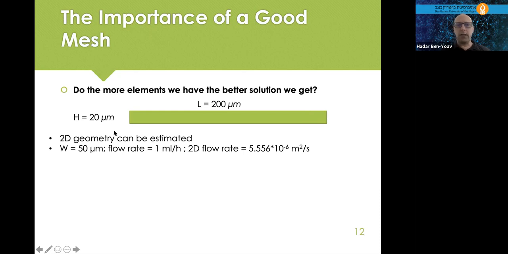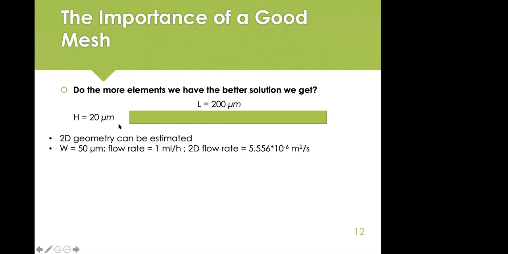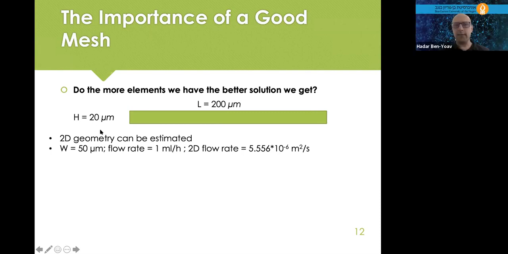Here we can estimate from theoretical calculation, first, we can reduce the dimensions of the theory from a 3D channel to 2D geometry, because for us it doesn't really matter what the width is. It's going to be the same everywhere.